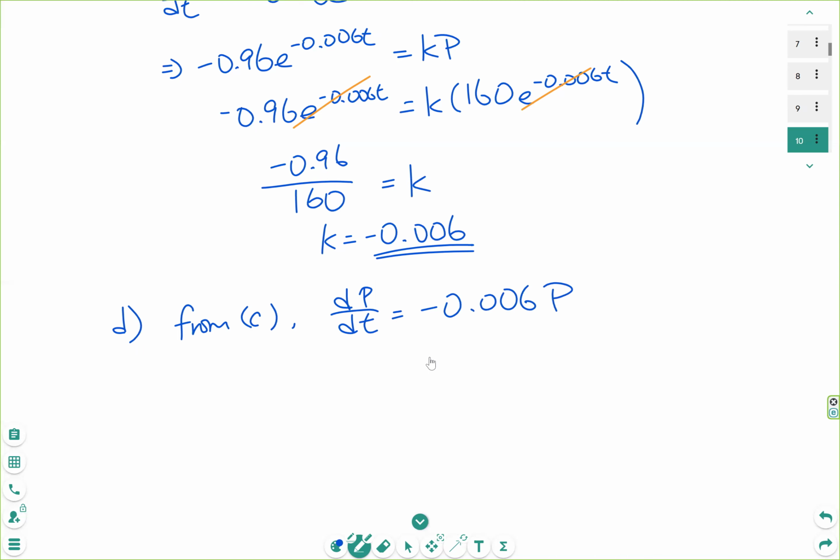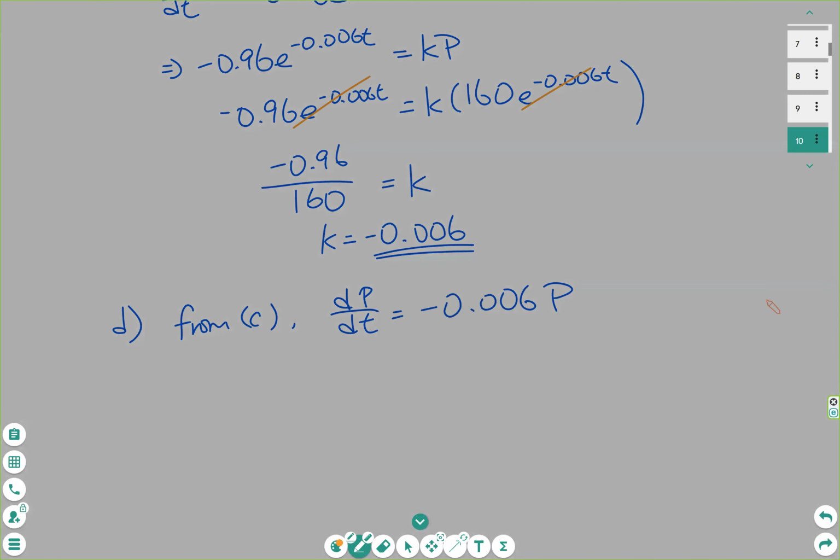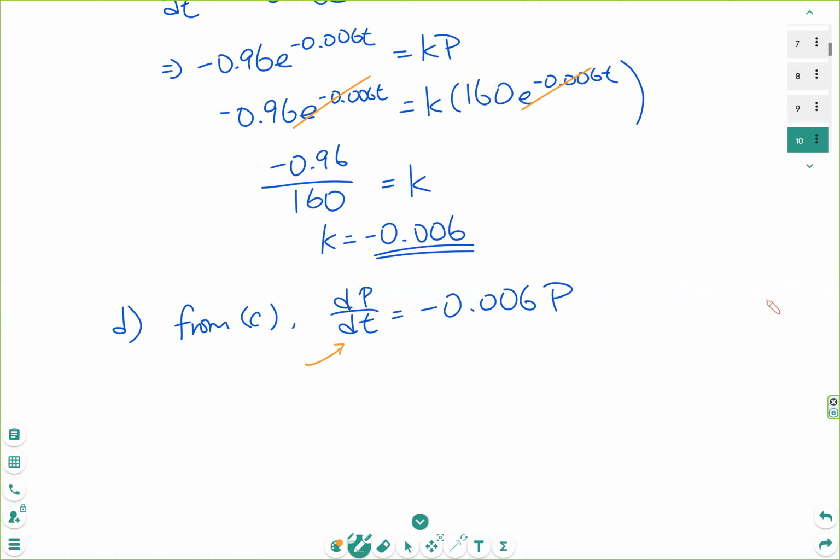So they're asking about the sign. Now, before we do that, let's think about what dp and dt stand for. dp by dt stands for the rate of change of p over t. Like, you remember dy by dx is the rate of change. It measures the rate of change.